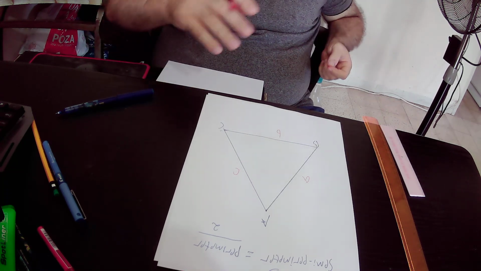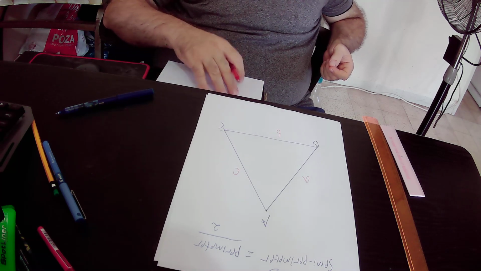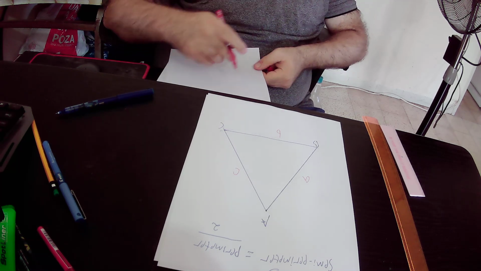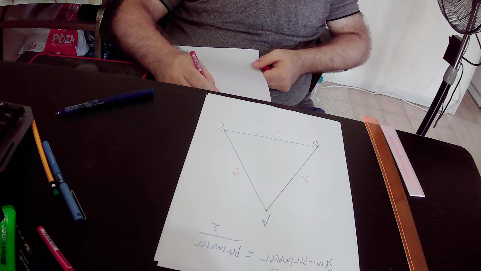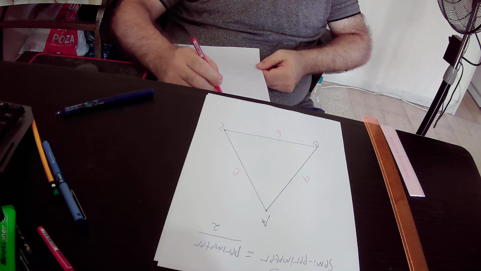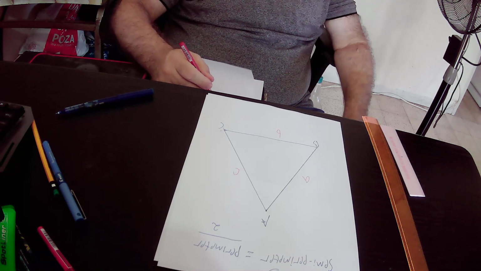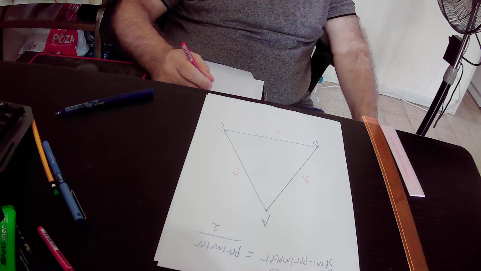Then the semi-perimeter of this triangle equals, first of all, we mark the semi-perimeter with the letter S, an abbreviation for semi-perimeter.